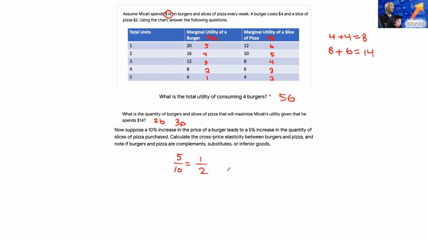Since the cross price elasticity is positive, that means they are substitutes. If this was negative, then it would be complements. And you can't tell whether or not it's an inferior good just from the cross price elasticity. That comes from the income elasticity.